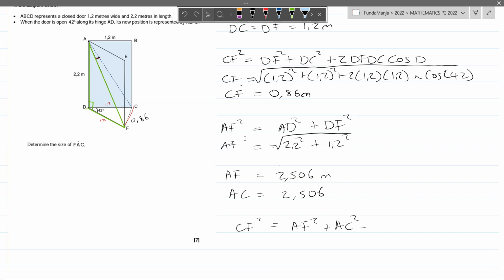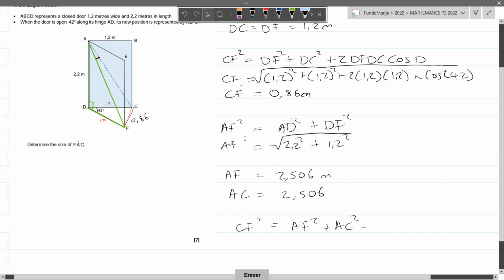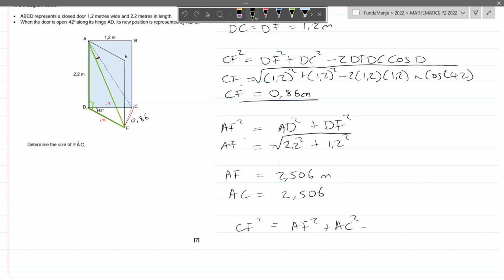Okay, here I made a little mistake. This should be minus, but in computation I use the correct sign, so the answer still stays the same. It just should be minus 2 AF AC over here.